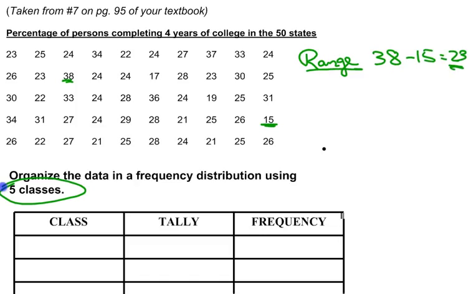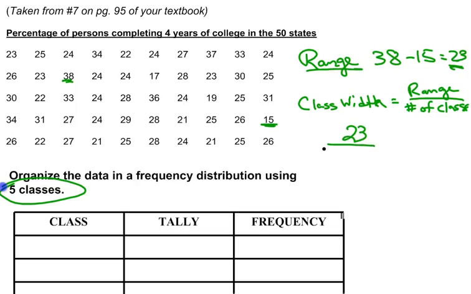Now to find the class width, we're going to take the range and divide it by the number of classes. We can see here that we're going to have 5 classes. So we'll take that 23 and divide by 5, and of course that's going to be 4.6.